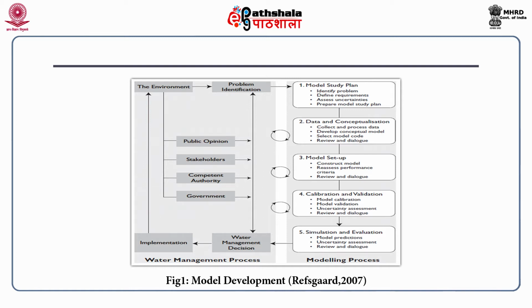As far as the model setting up is concerned, once we have the conceptual model, we look at what variables we will use and whether those variables are available to us or not, and then of course whether we are able to run the model. Then we want to calibrate and validate the model. After we have done this stage of calibration and validation, we are able to go back to our stakeholders, discuss the model with them, and then once again come and make changes in the model whenever it is necessary.